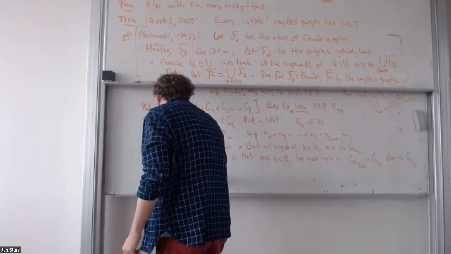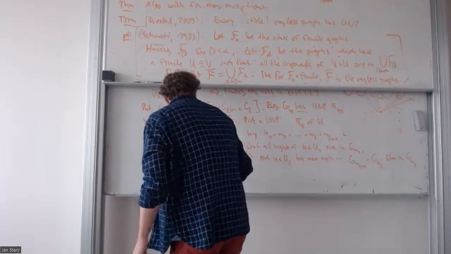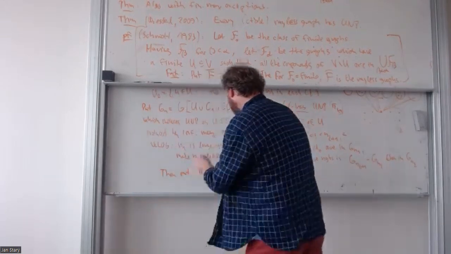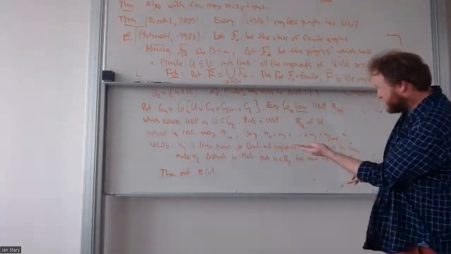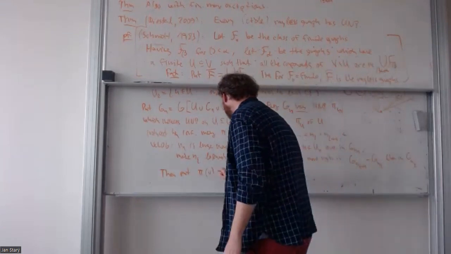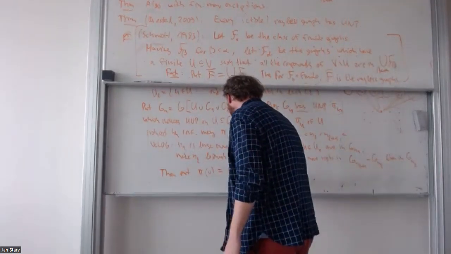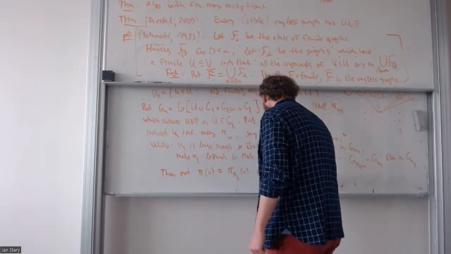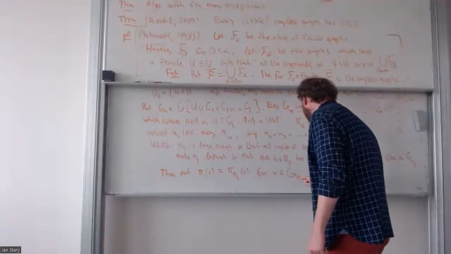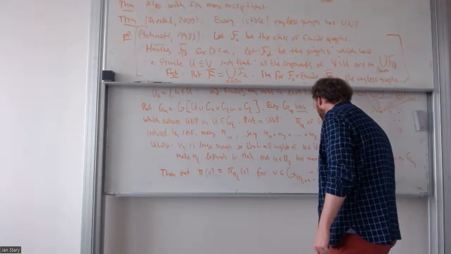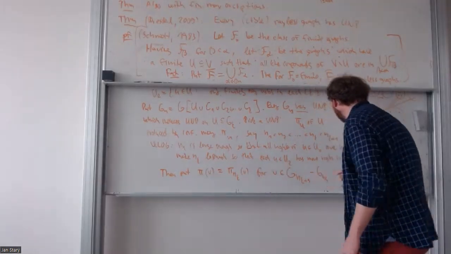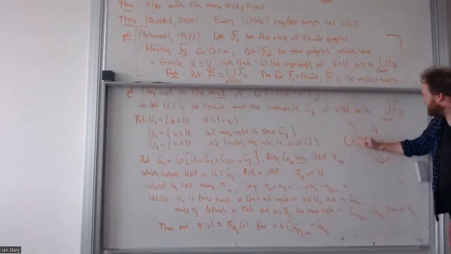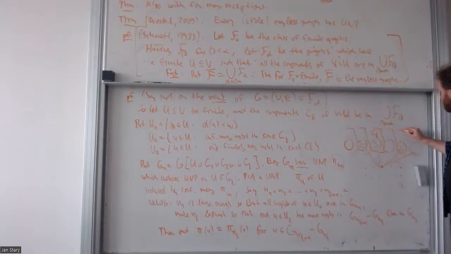Then put P of V, that's the eventual unfriendly partition, to be the partition P_{n_k} of V for every V in this subgraph, because by doing that you eventually exhaust everything.